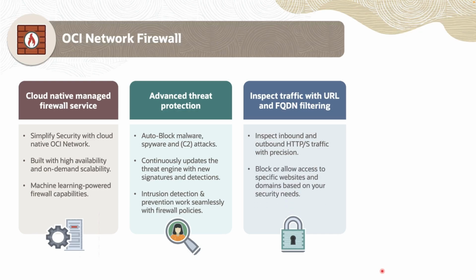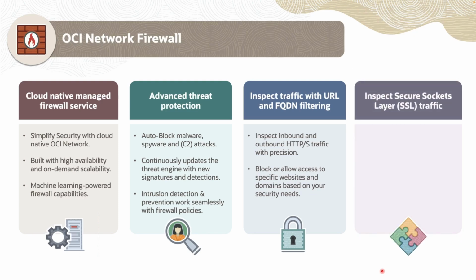You can block or allow access to specific websites and domains depending on your organization's security policies. It also offers the capability to apply filters for inspecting both encrypted and unencrypted traffic. It ensures that no threat goes unnoticed, allowing for effective detection and mitigation of potential security risks across all types of network traffic.